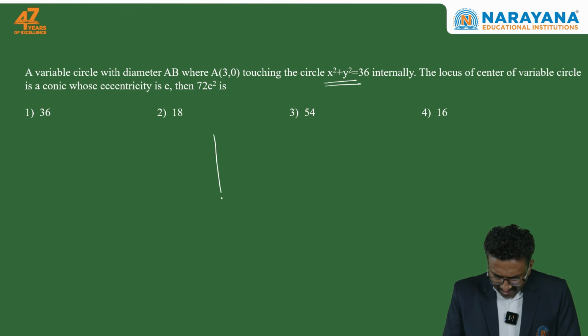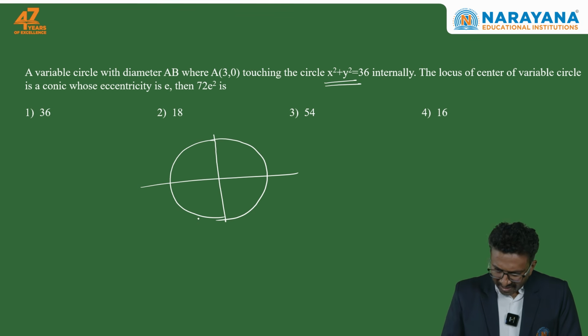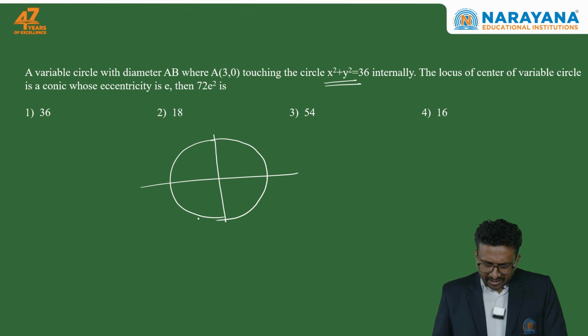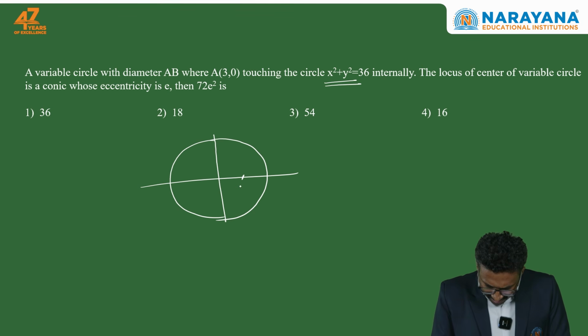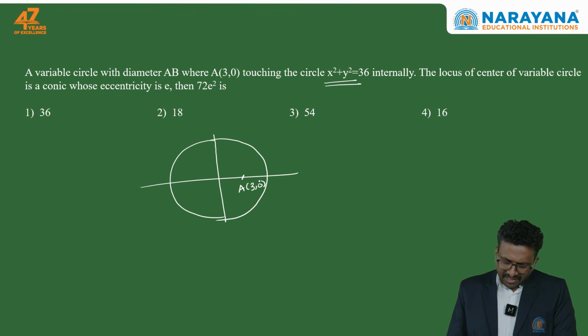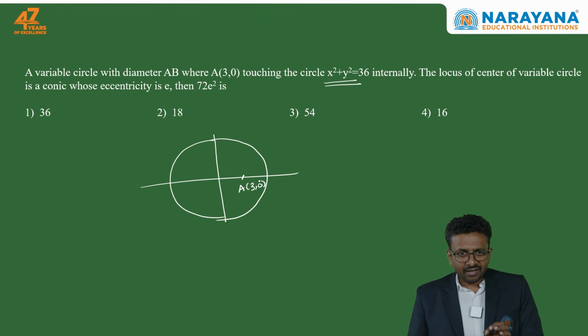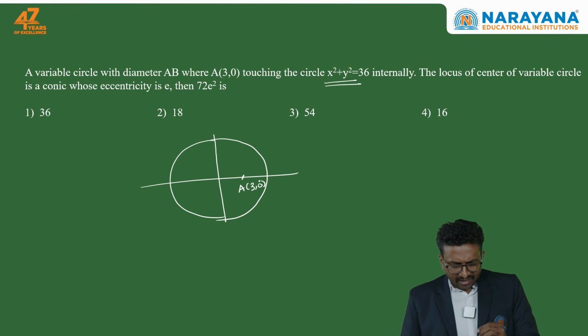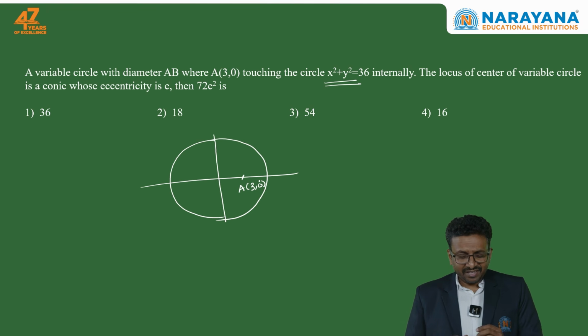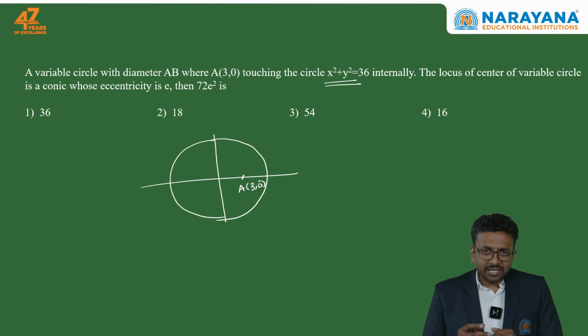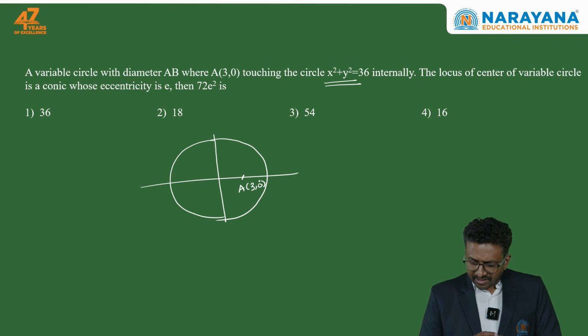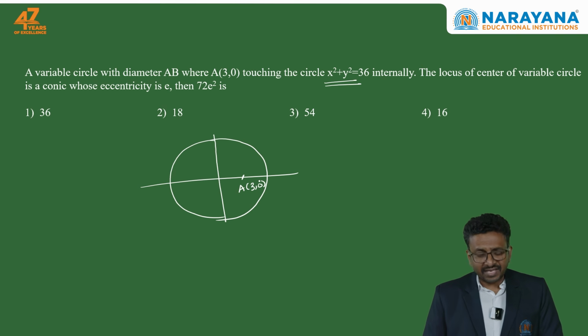So there is a circle of clearly radius 6 units, right? X square plus y square is equal to 36. Now there is a point 3, 0. Now it seems that there is a circle with AB as diameter, and the circle is touching the bigger circle internally, and you are asked to find the locus of the center of the circle.